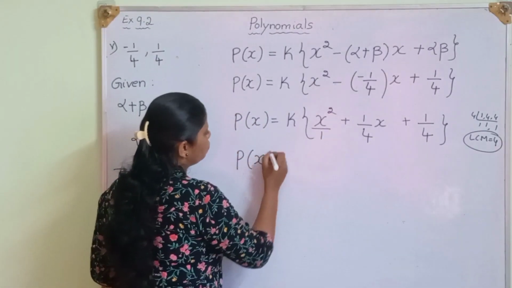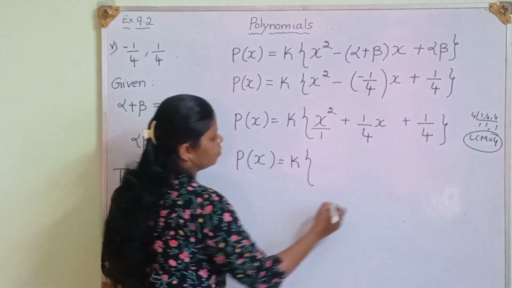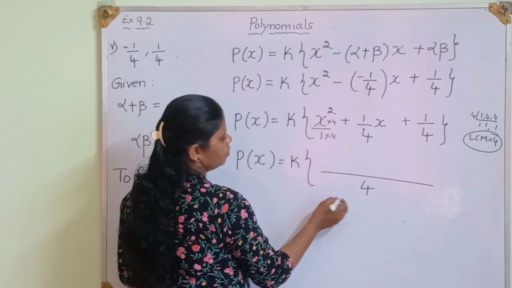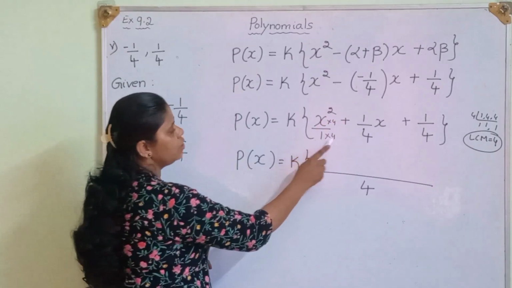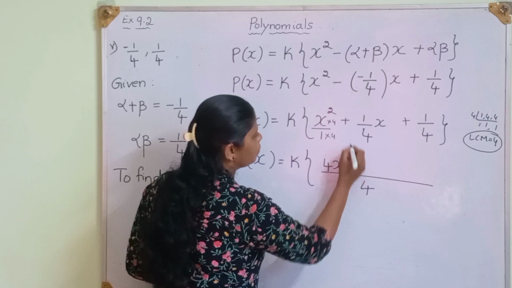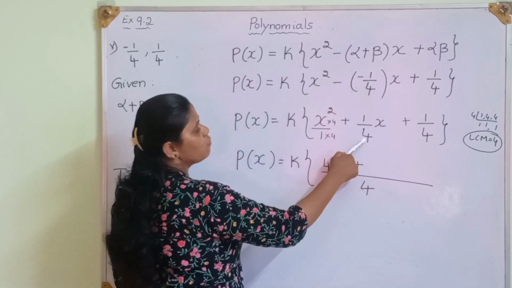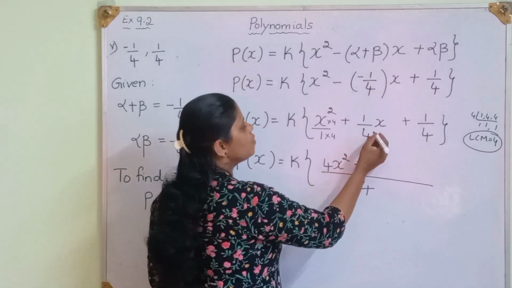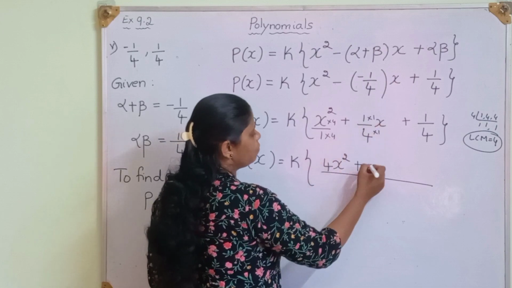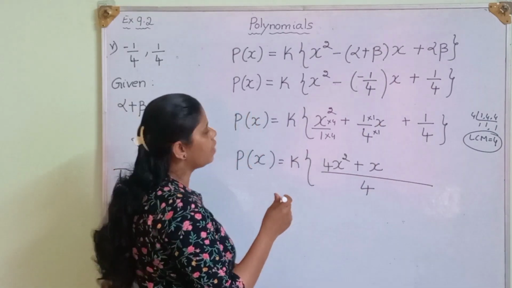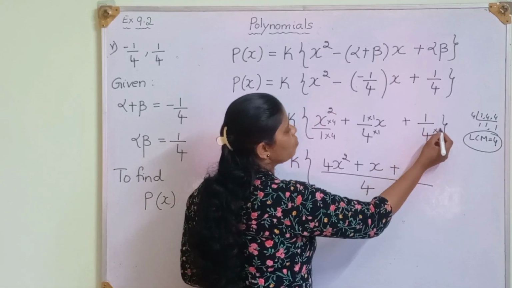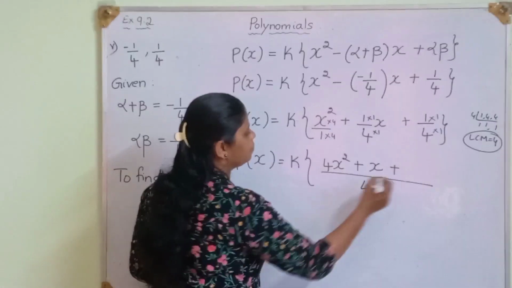P of x is equal to k into 1 into 4, because we are equalizing the denominator, 1 into 4 is 4, so 4x square plus. Already we have 4 in the denominator, therefore we will multiply it by 1. 4 into 1 is 4, 1 into 1 is 1x. Simply we can write it as x plus 1 by 4.